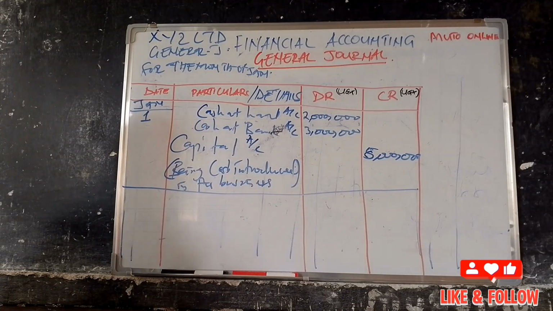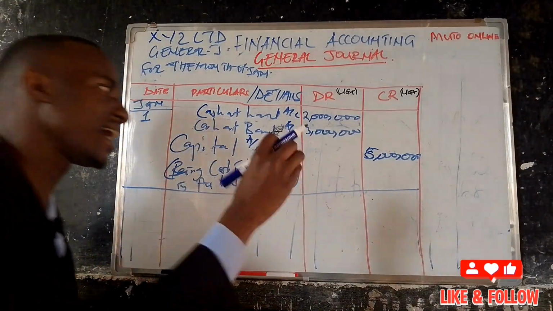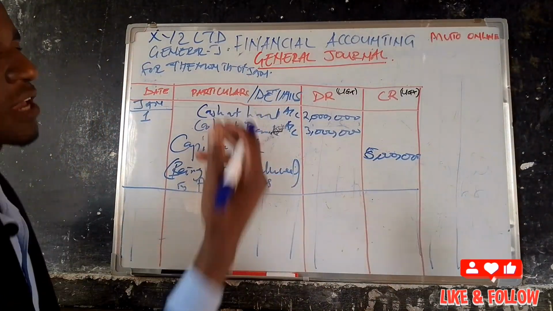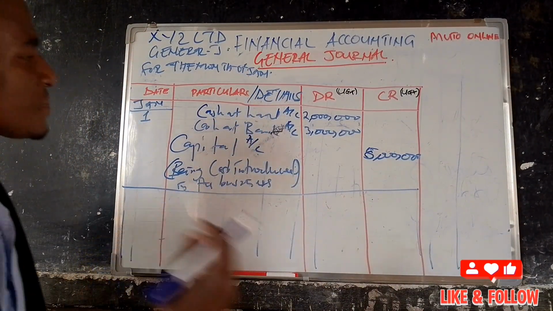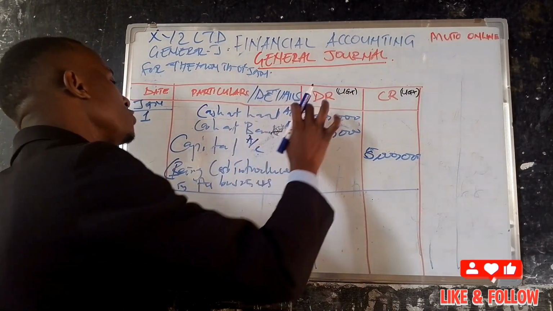At the start of the business, X, Y, and Z had the cash at hand and cash at bank, that was 2 and 3 million respectively. And the capital here is the total amount.